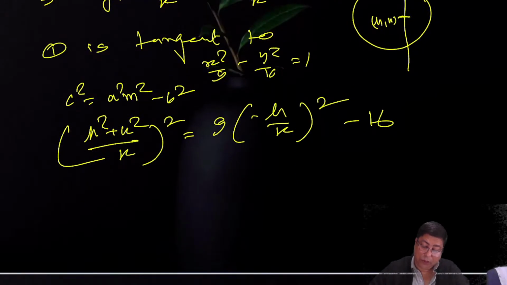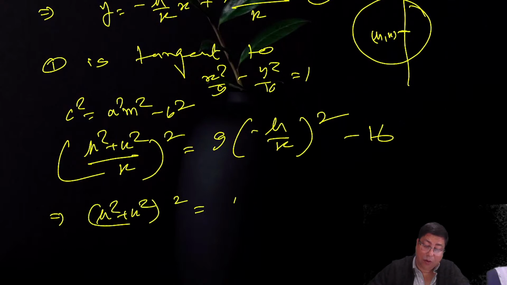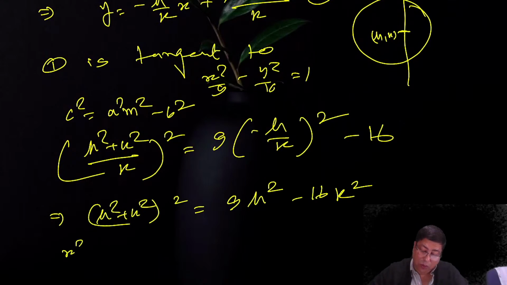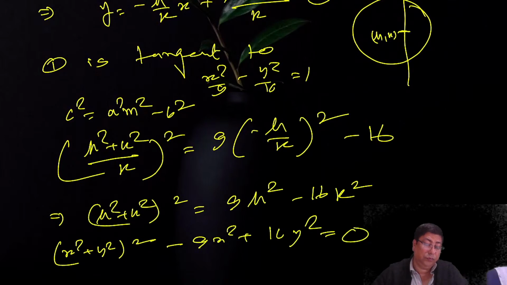Therefore, (h square plus k square) whole square equal to 9h square minus 16k square. Just put the value instead of h and k, and we get the result. So what is coming here? That is (x square plus y square) whole square minus 9x square plus 16y square equal to 0.